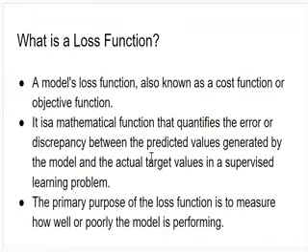The values predicted by the model and the actual targeted values in this supervised environment are compared, and then a single scalar element quantifying this difference between the actual and the predicted values is calculated, and that is called the loss function, cost function, or objective function of the training model.